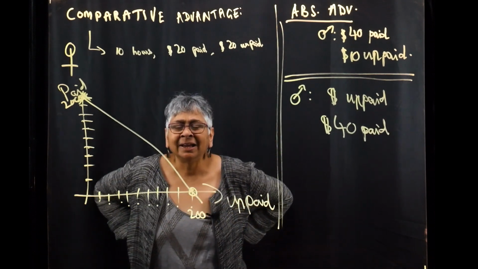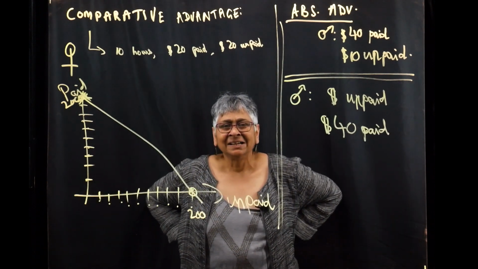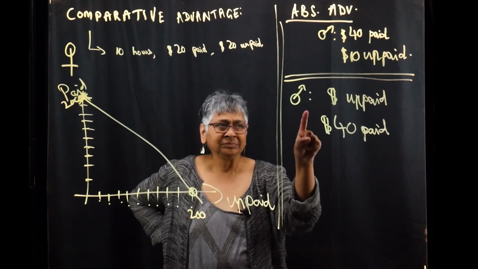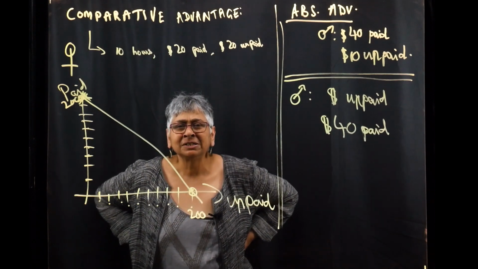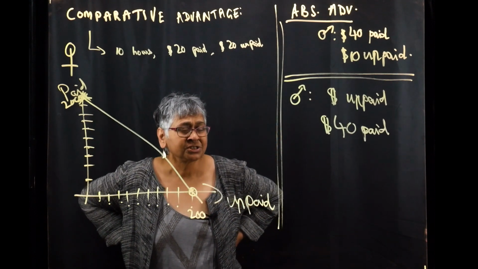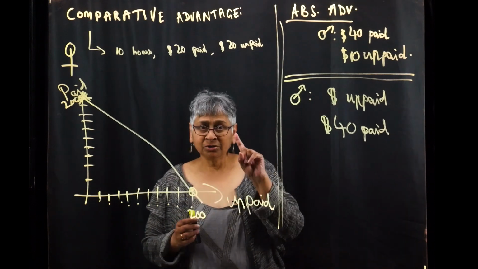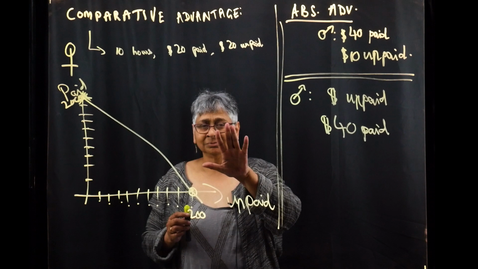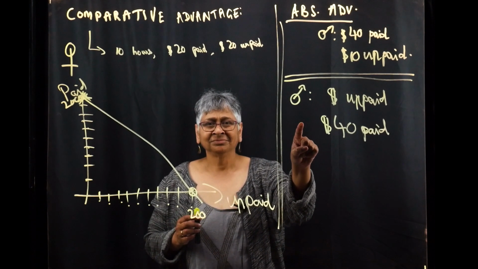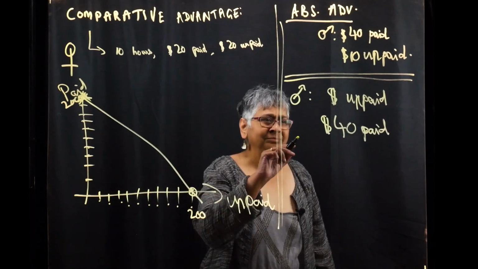So using our theory of comparative advantage, I want you to do the work of figuring out who should do what. Draw your opportunity cost, do your technical stuff, and what you should get. I'm going to pause here. Few minutes for you to decide what should happen. 2 minutes. Coming back.